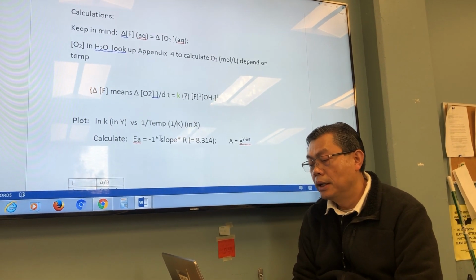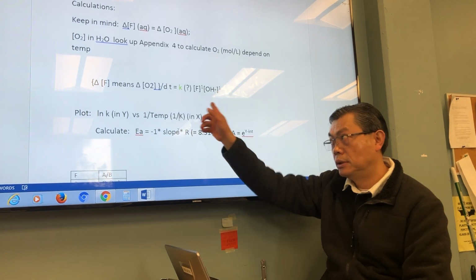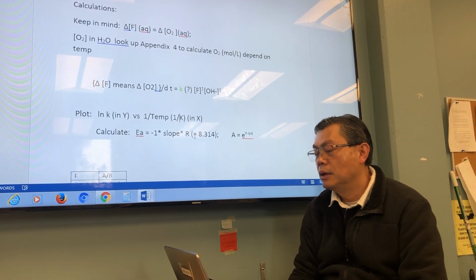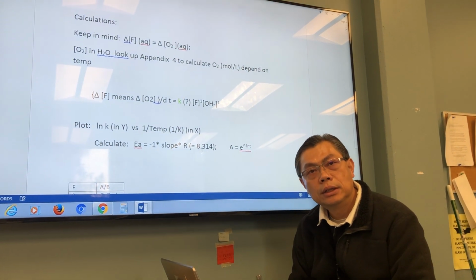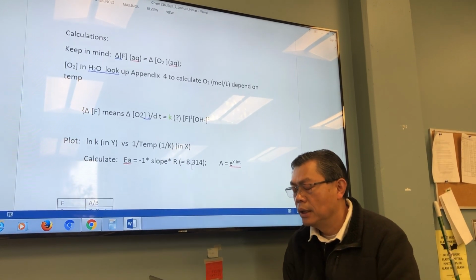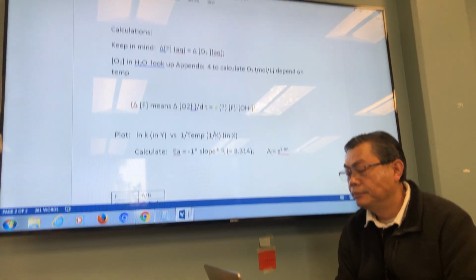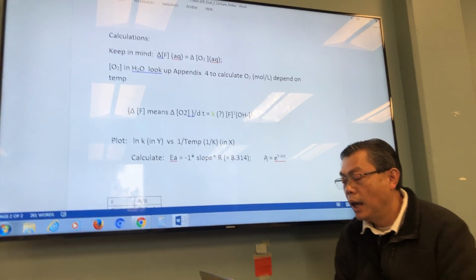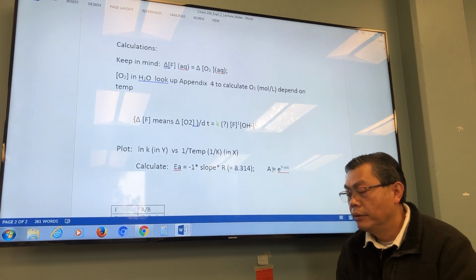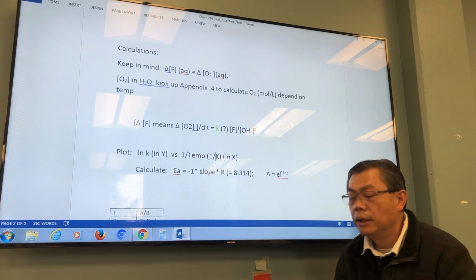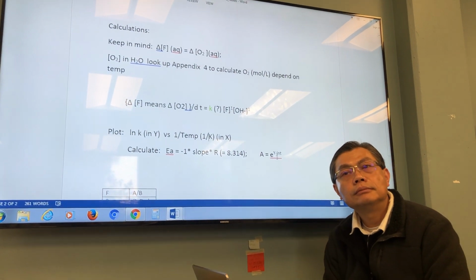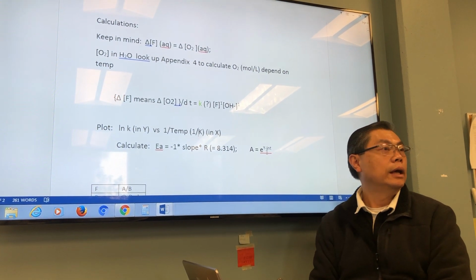Ea is equal to -1 times the slope of this graph, times R. R is the gas constant, 8.314. And then the A, the Arrhenius constant, is e to the y-intercept. Any questions?